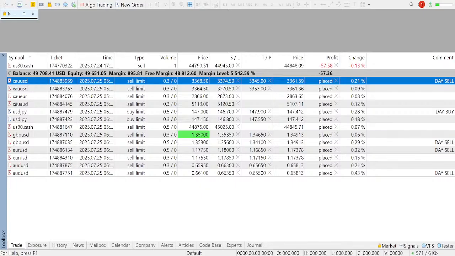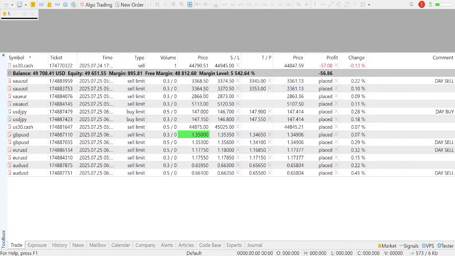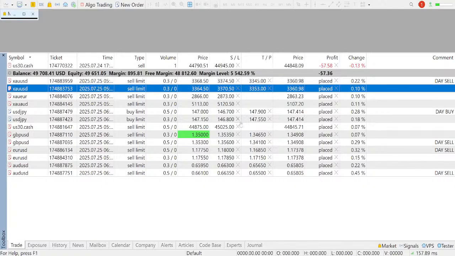So this is going to be a revision of these levels. So for the scalping, the expiry, we are giving another 3 to 4 hours for this trade. Then we would be going for a day sell which is at 33.68 half.